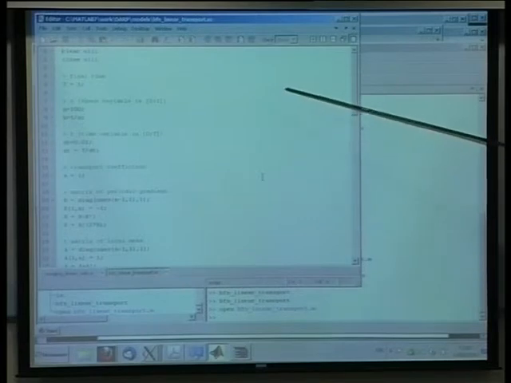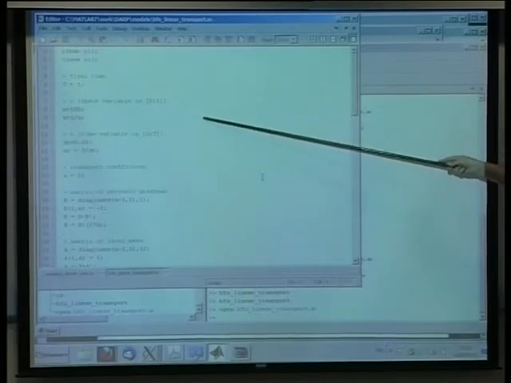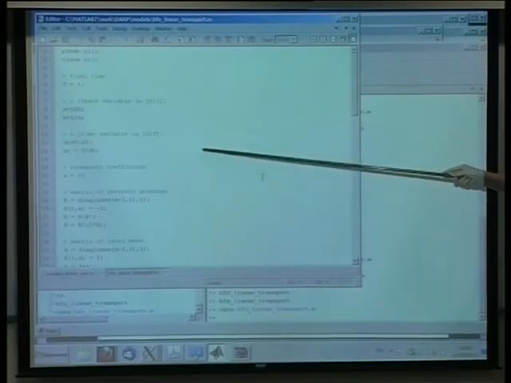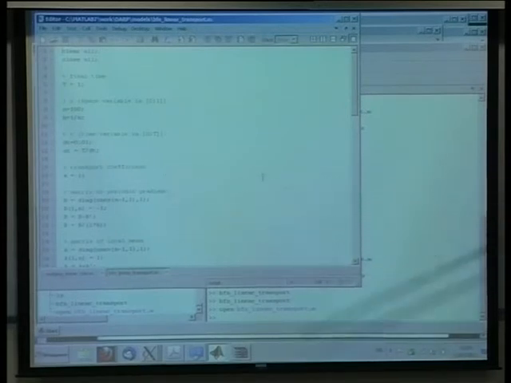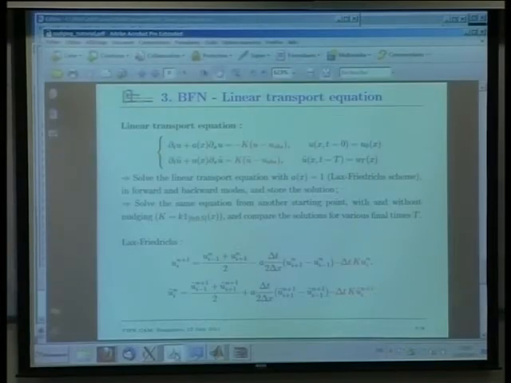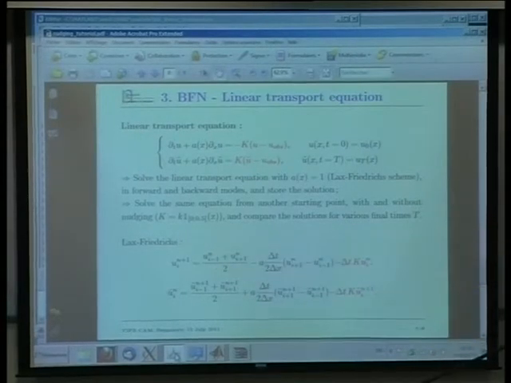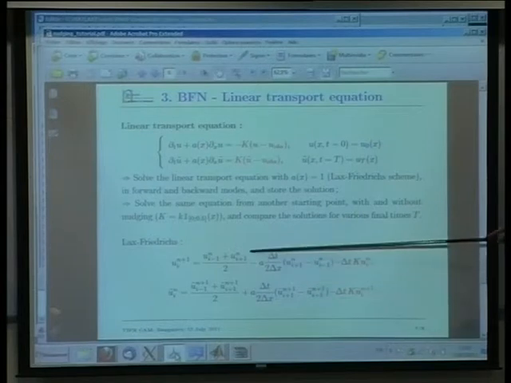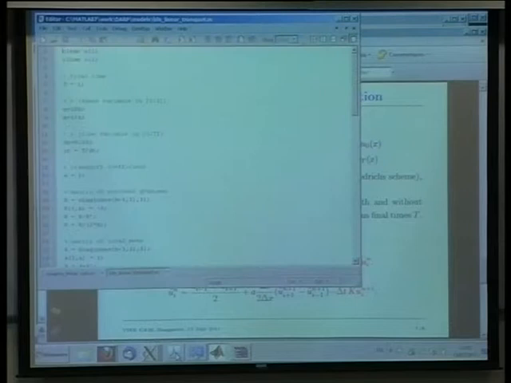In which I give the final time, the number of points, the step size in space and time, the transport coefficient, which is simply 1, and then I define the two matrices corresponding to the Lax-Friedrichs scheme. There is this one which takes the mean between the left and right point, and this one which is the transport term.